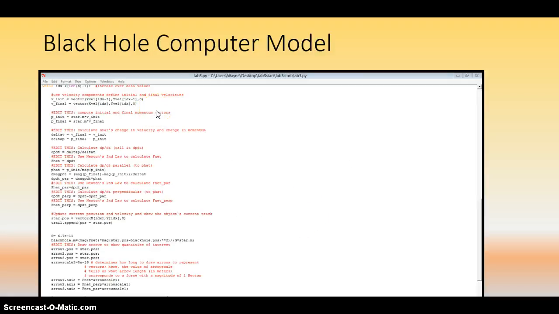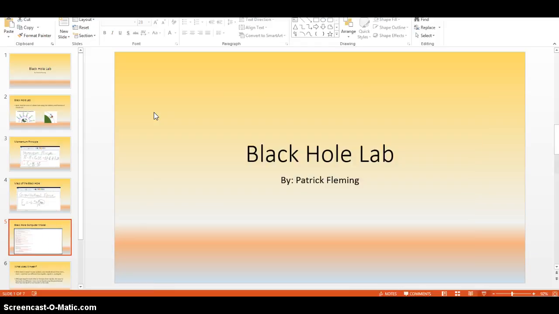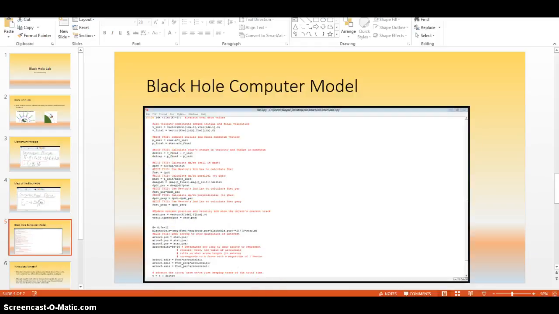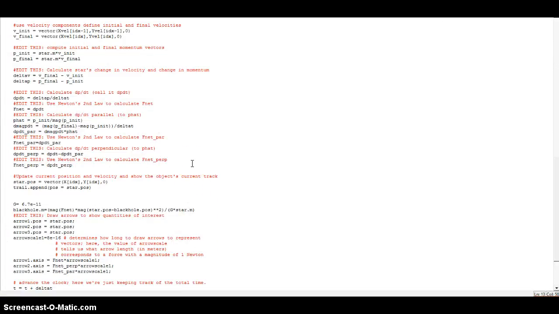How we plan on helping ourselves find the mass of the black hole is using our computer model from VIDLE. After changing some physics in VIDLE, we will get to where we have a functional model.